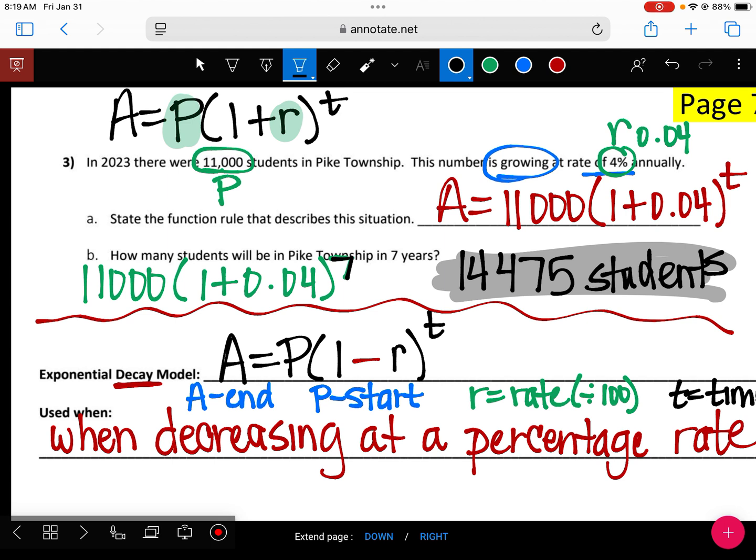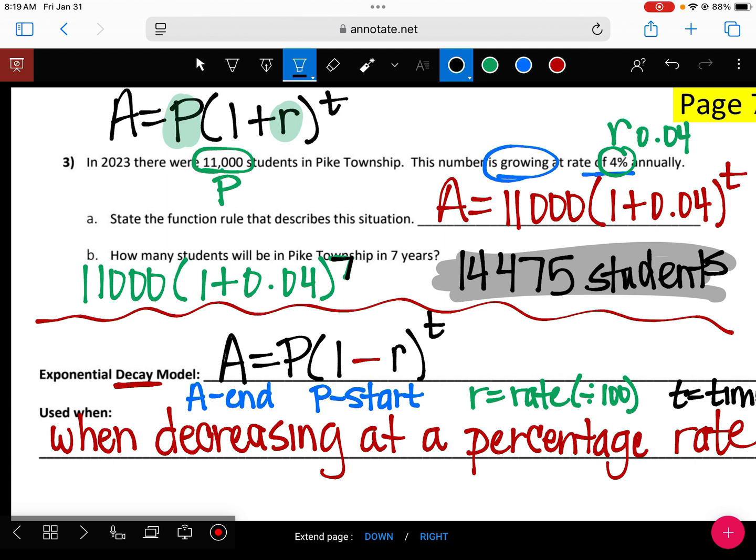So now we're going to move to exponential decay. So I'll give you a minute to copy this down, and then we'll talk about our second formula. So exponential decay, yesterday's video, we talked about growing at a percentage rate.